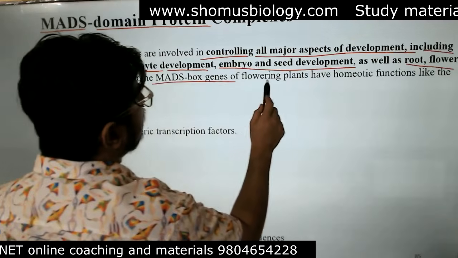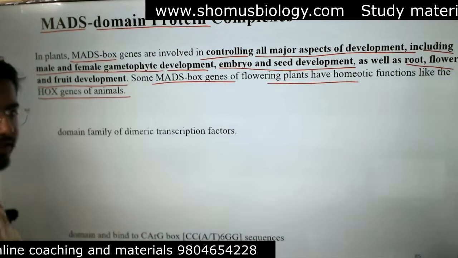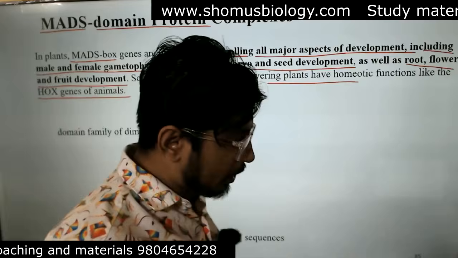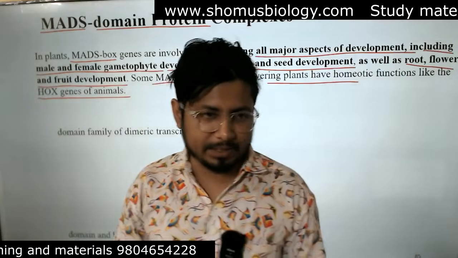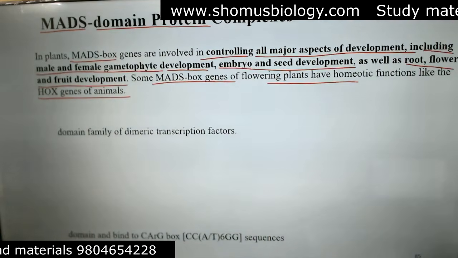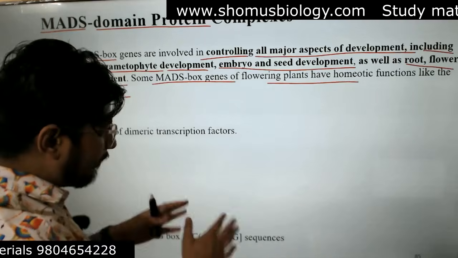Some MADS-box genes of flowering plants have homeotic functions like the Hox genes in animals. In animals, we have Hox genes which are homeotic in nature. Now, what is homeotic and what all, we'll discuss when we talk about animal development. In Drosophila development, we'll talk about all these different genes. But similar to the Hox gene, analogs are these MADS-box proteins that are involved in the process of plant growth processes.